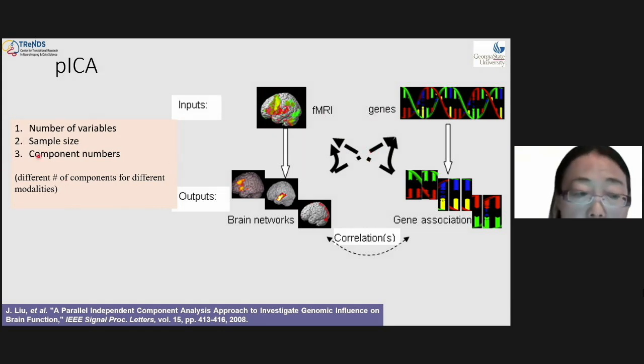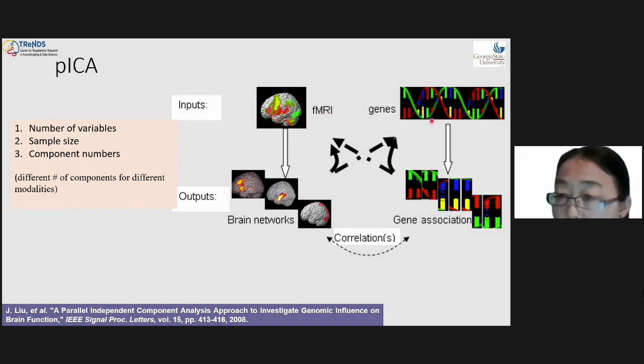The last thing to consider is component number. In general, the component numbers embedded within each dataset are different, so we estimate the component number for each dataset separately. For brain imaging data, we generally use information theory-based estimation, like MDL and AIC.